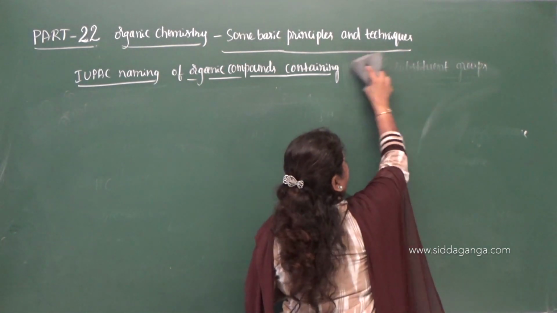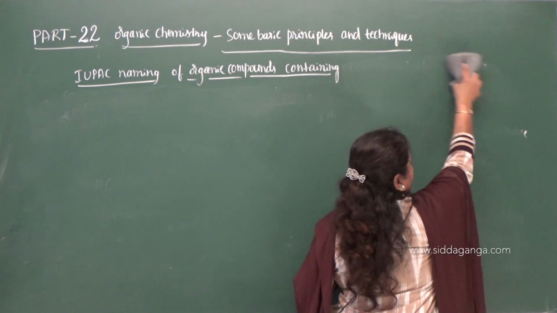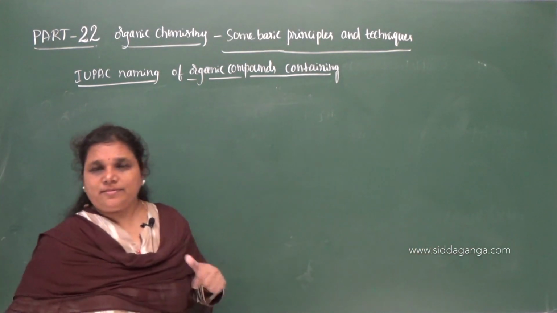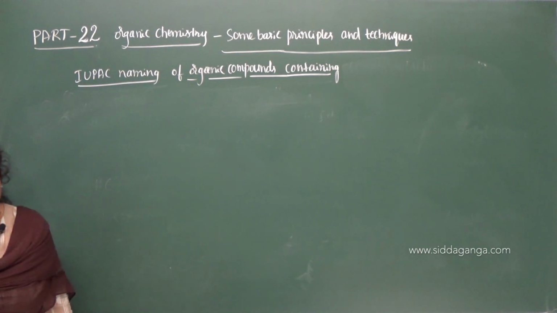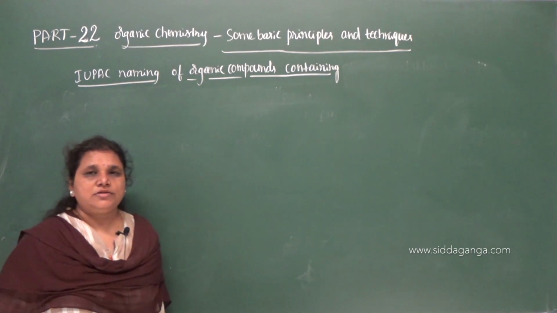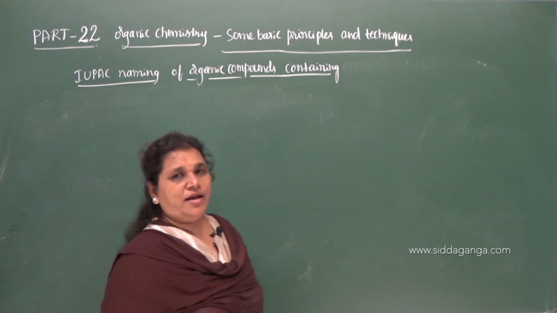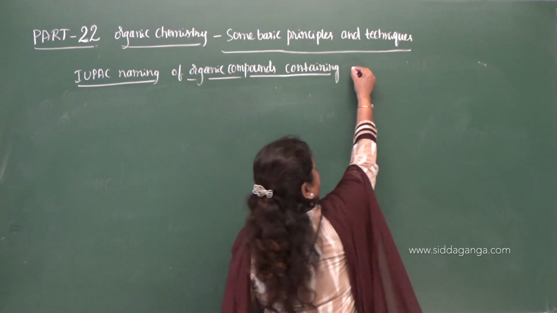What do you mean by multiple bonds? Multiple bonds are nothing but the presence of double and triple bonds. So double and triple bonds are called multiple bonds.